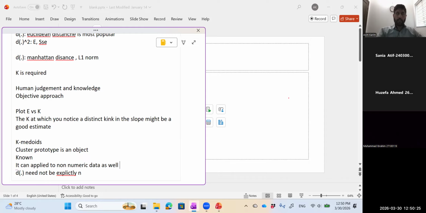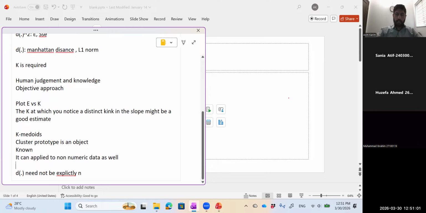So non-numeric data का मतलब, of course it has to be ordinal, median centrally located data निकालना है, but sorry, not necessarily ordinal. As long as you have pairwise distances, you can still find the middle object. But numeric होना जरूरी नहीं है कि आप mean किस तरह निकालते हैं, sum करें, divide by two करें, वो जरूरी नहीं है. It may be categorical data as long as you have distances between them. So that's, I think, a good advantage.